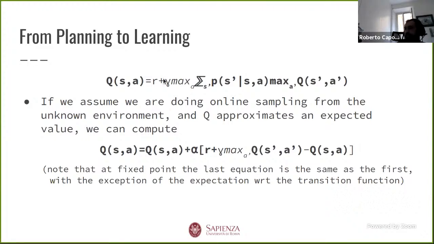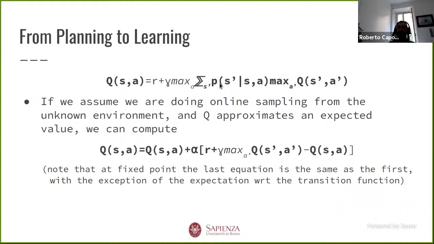So this is doing in a sampled way what this other equation is doing in expectation, and you will see that for this second equation, if you are at the fixed point, they should match exactly, except for the expectation term that I mentioned.